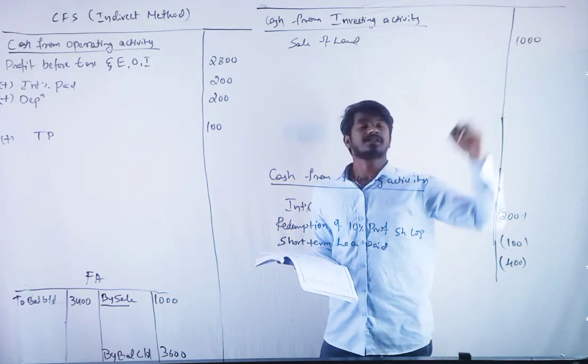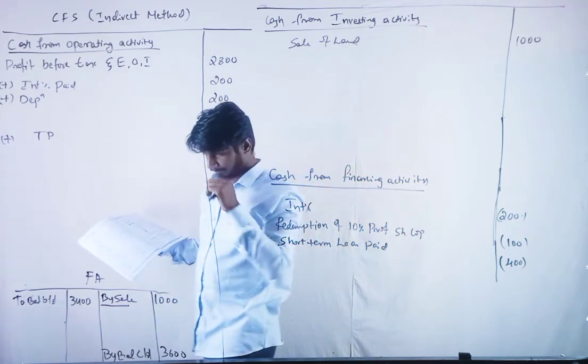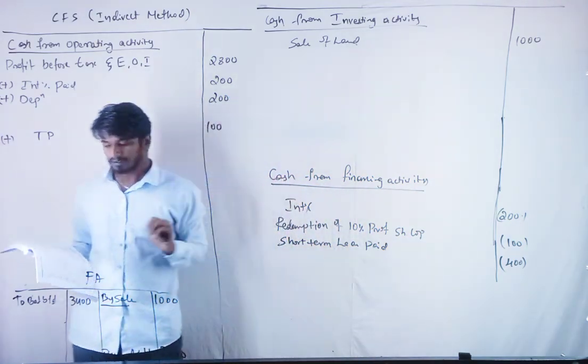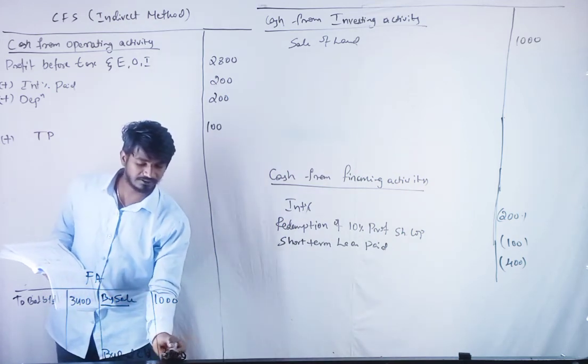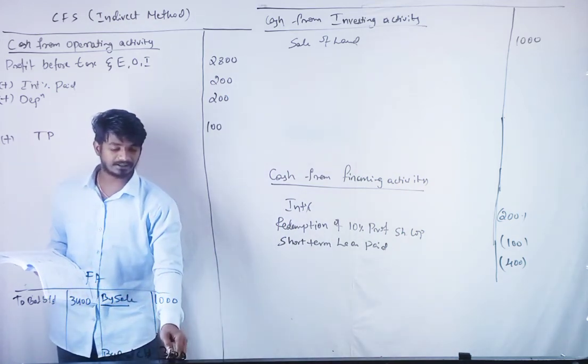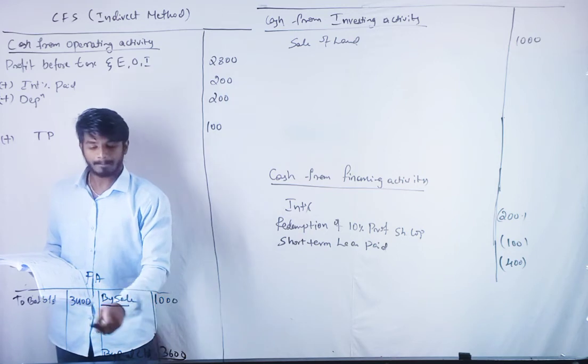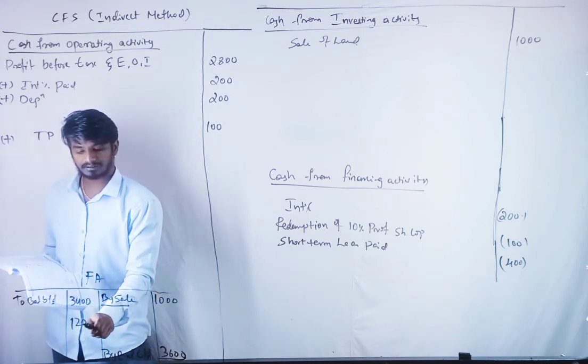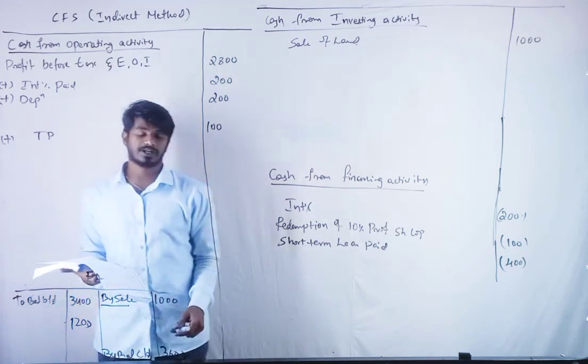We might have received it, so we should add it. Opening minus closing, fine. Then if we total it, it comes to 4600 minus 3400, that is 1200. Debit balance is there.